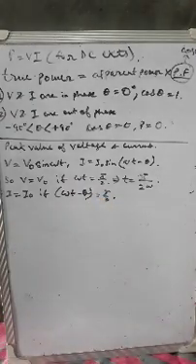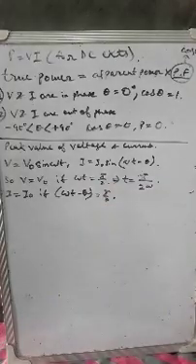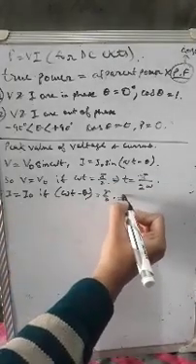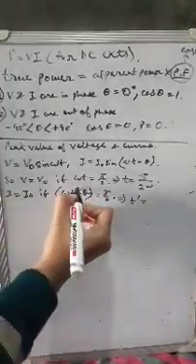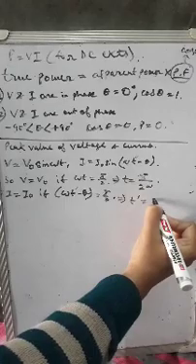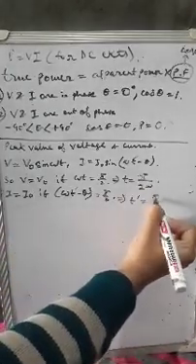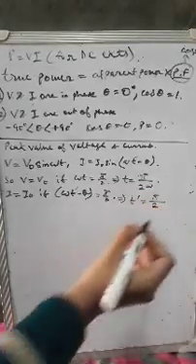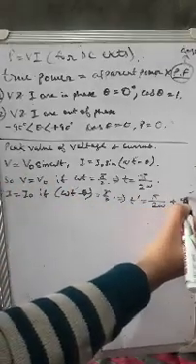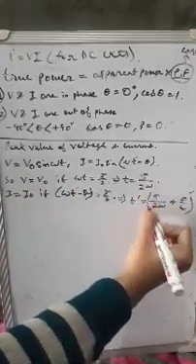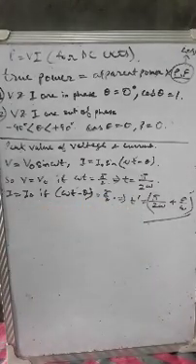That means t, let's write it as t dash, will be equal to pi by 2 omega plus theta by omega. This is the maths part. You just have to find the value of t dash. No physics is there.